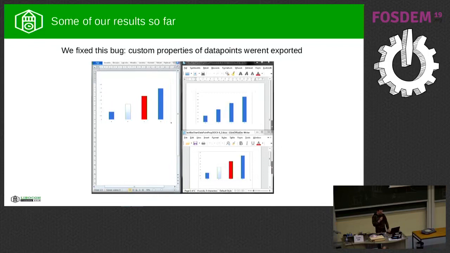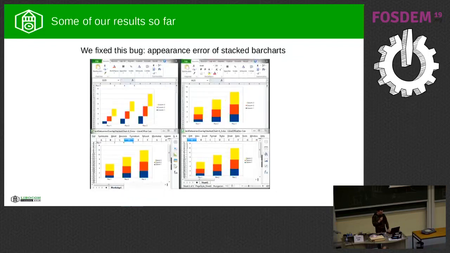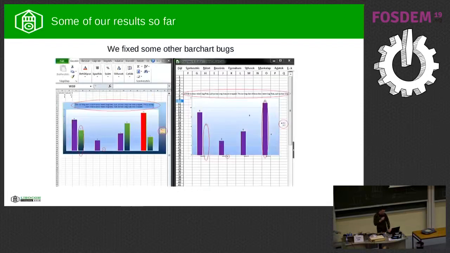This was an export bug, some appearance bug, and some other bugs about bar charts. Of course, we have fixed some bugs so far, but those will be presented in the next LibreOffice conference. I'm sorry.